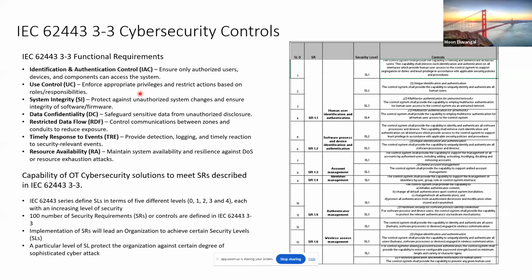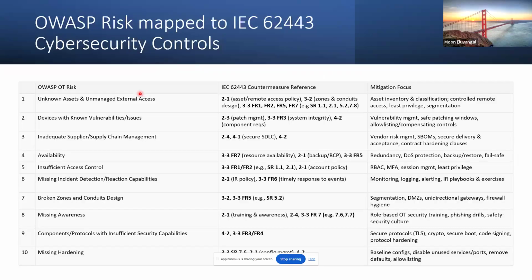Ideally, before I go to the next slide, which talks about the mapping, I would like to mention how it is normally handled in the 62443 world. In the 3-x series, 62443 has another standard called 3-2, which talks about risk assessment, how the risk assessment has to be performed in an industrial environment, in the oil and gas and manufacturing world.